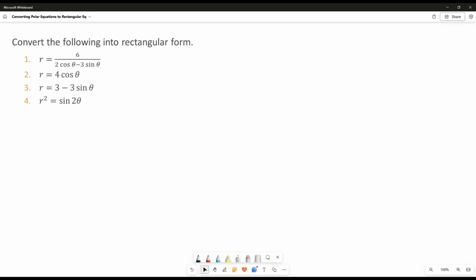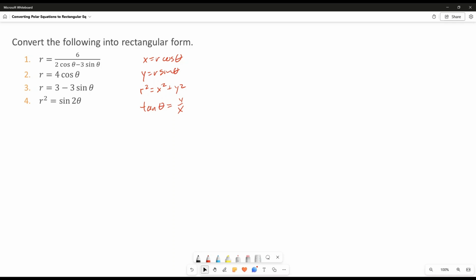Let's look at some examples of converting polar equations into their equivalent rectangular form. As we've seen already, the four equations that we can use to transform this would be x equals r cosine theta, y equals r sine of theta, r squared is equal to x squared plus y squared, and then tangent of theta is equal to y over x.